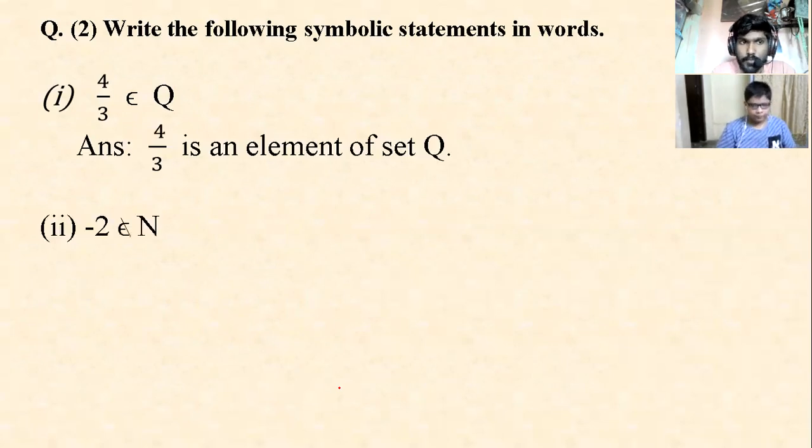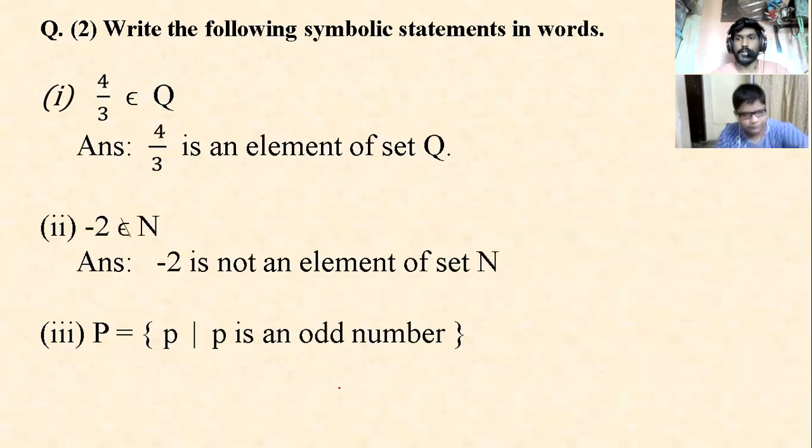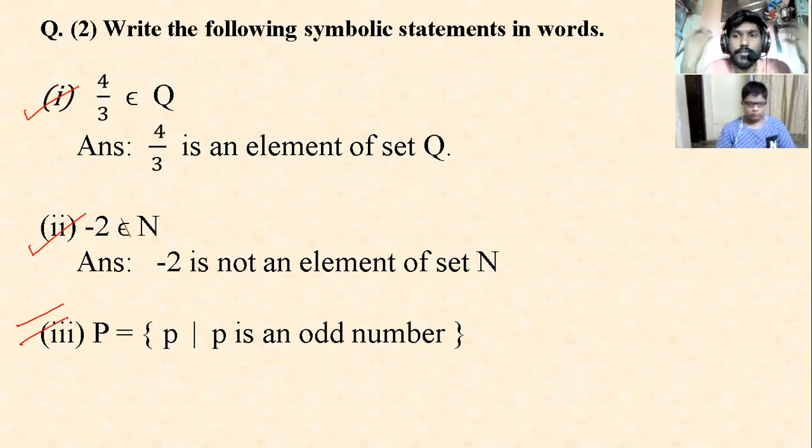Question 2. This third one was remaining. The first two we did in our Tuesday's class. Now the third one is given in which form? Is it listing or is it set builder? Set builder form. Can you read it for me?